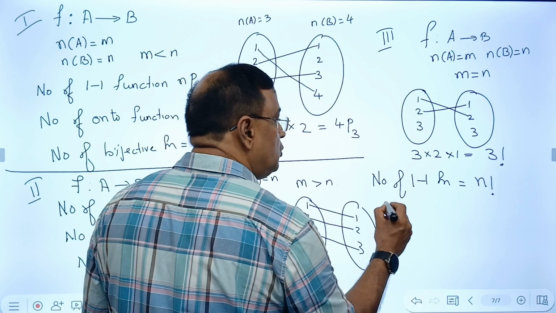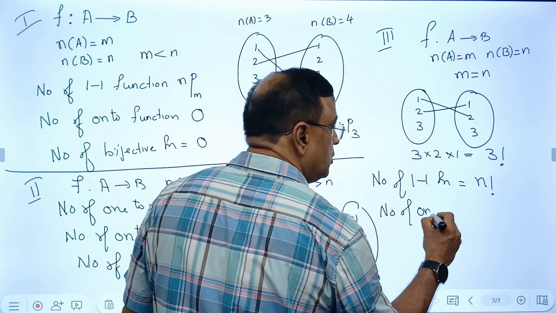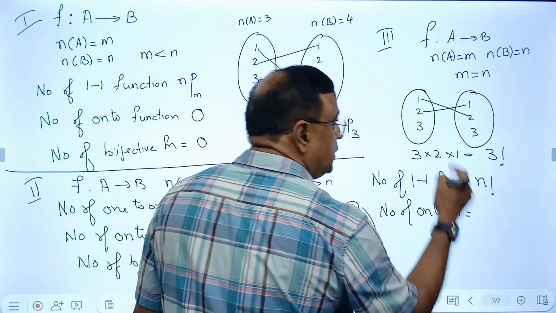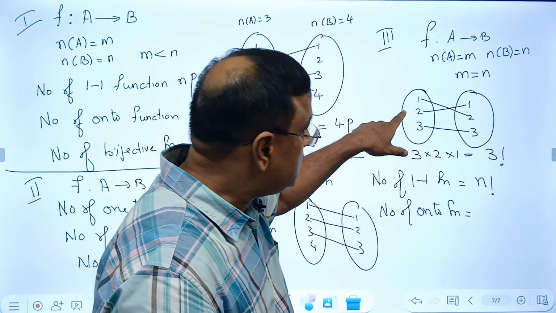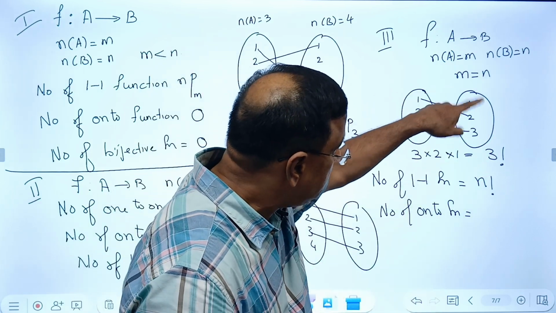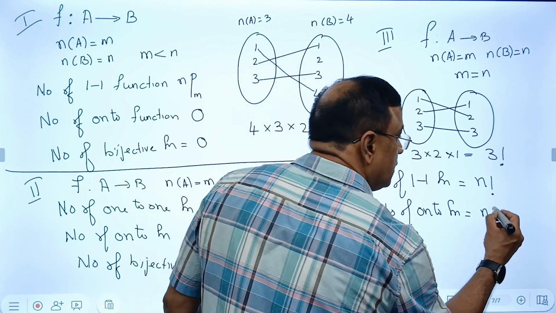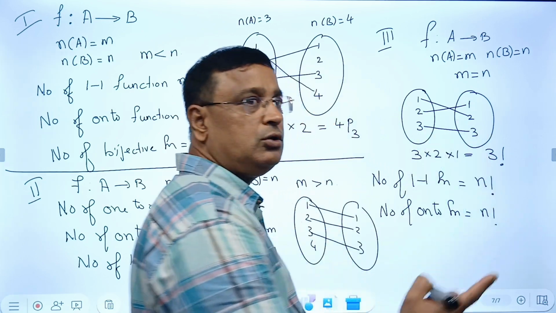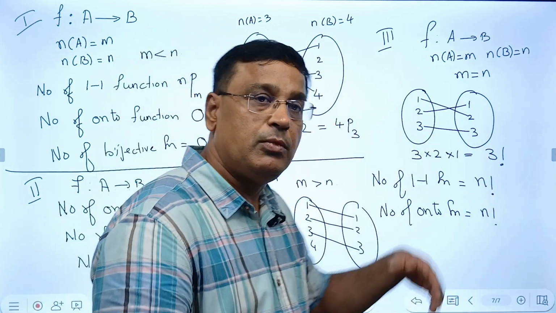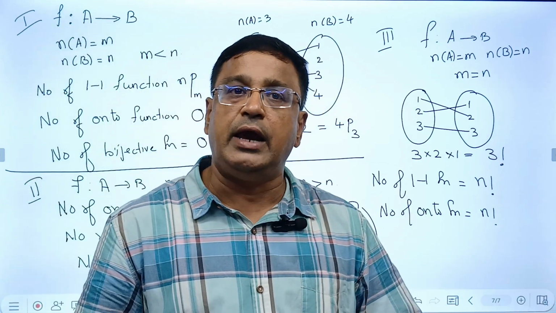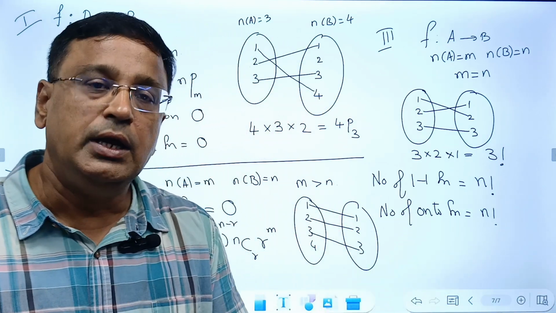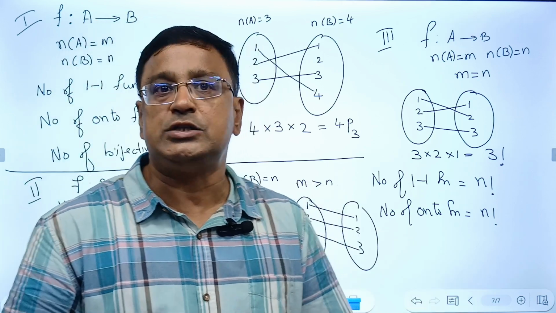What is the number of onto functions? If the numbers are the same, you can see clearly it has to be n factorial. All one-to-one functions are onto. That is what we did in the previous problem. In the previous video, we had a question: if the number of elements in A and B are equal, if the function is one-to-one, it has to be onto.